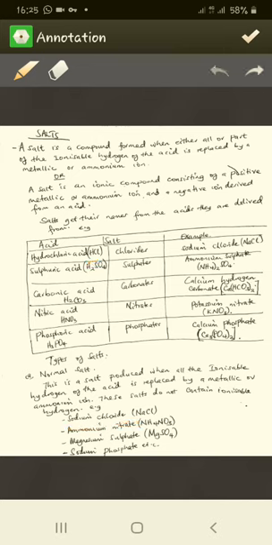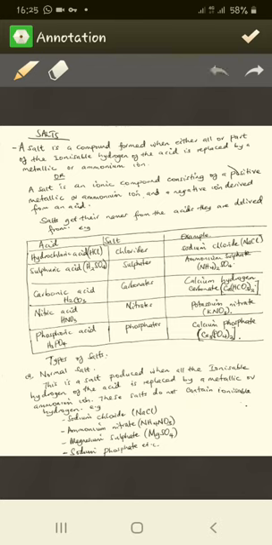I have ammonium nitrate, meaning the ammonium ion has replaced all the hydrogen of nitric acid. I have magnesium sulfate, meaning magnesium has replaced all the hydrogens of sulfuric acid, and we form magnesium sulfate.